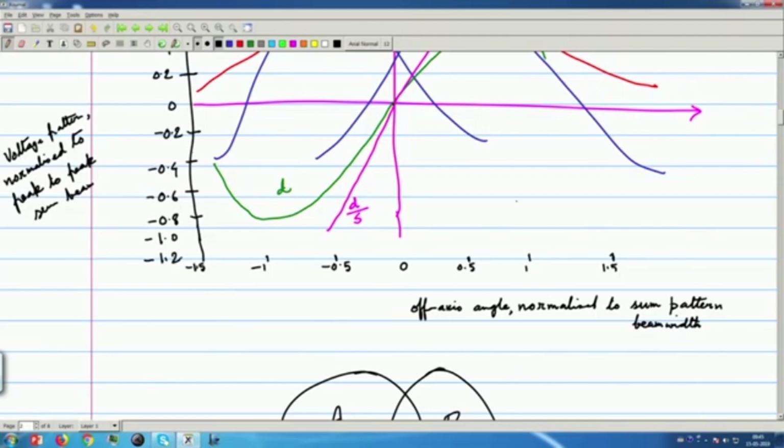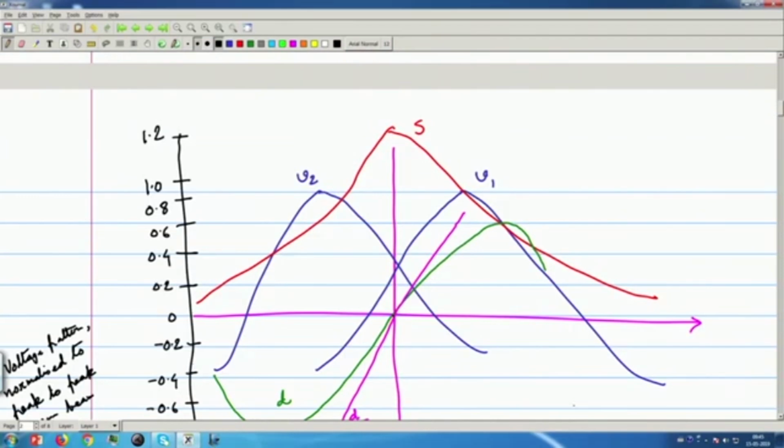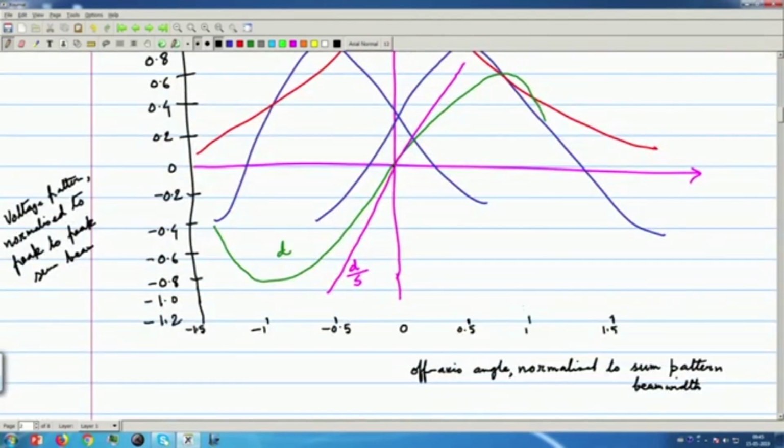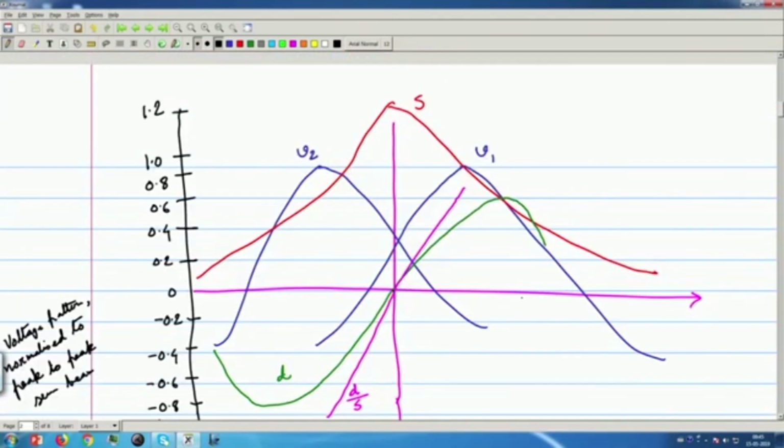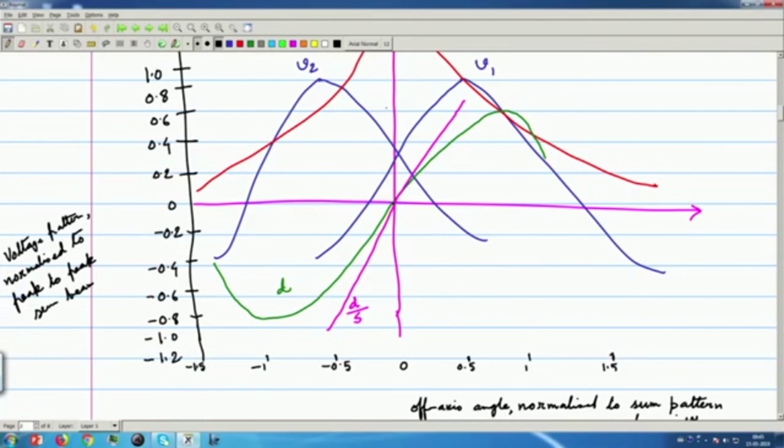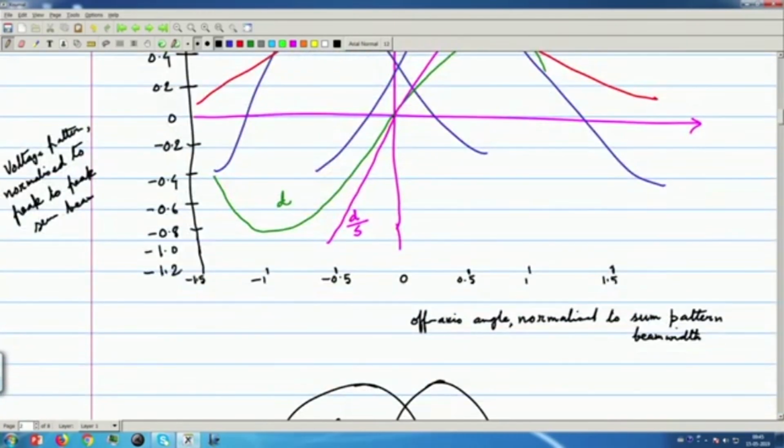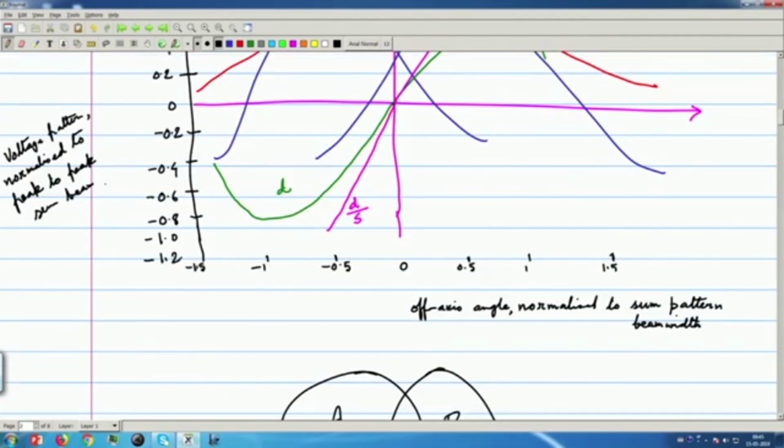So, that means at this point, the sum pattern is going to 1 by root 2 of its peak. And you see here also the voltage pattern is normalized to the peak sum beam. We will see why this is there.